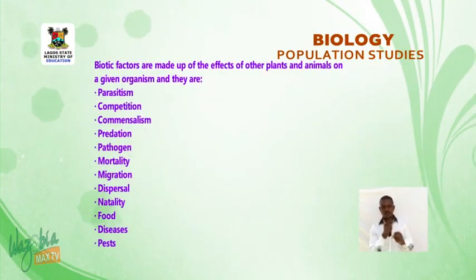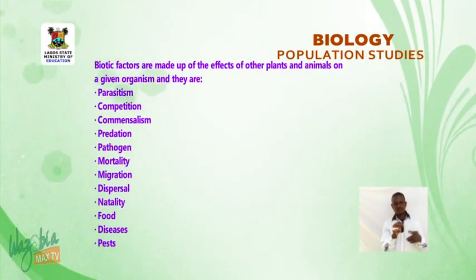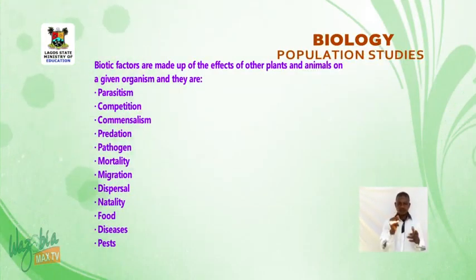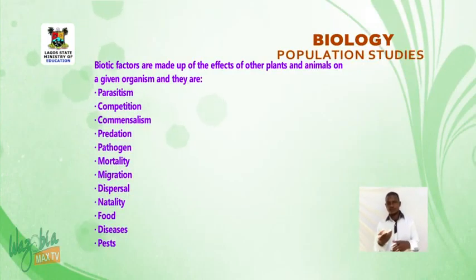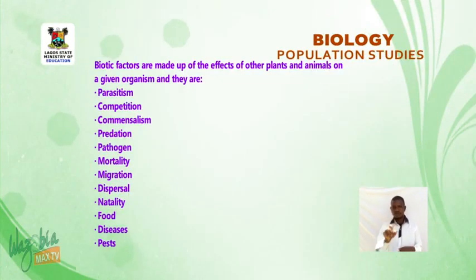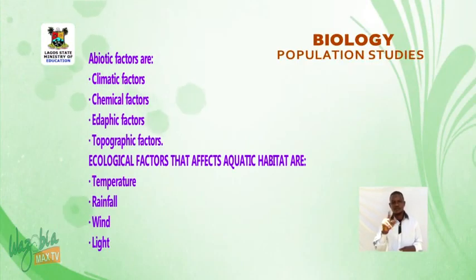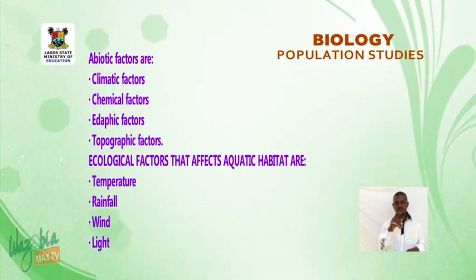Biotic factors are made up of the effects of other plants and animals on a given organism, and they are parasitism, competition, predation, pathogen, mortality, migration, dispersal, natality, food, diseases, pests. Abiotic factors are climatic factors, chemical factors, edaphic factors, topographic factors.